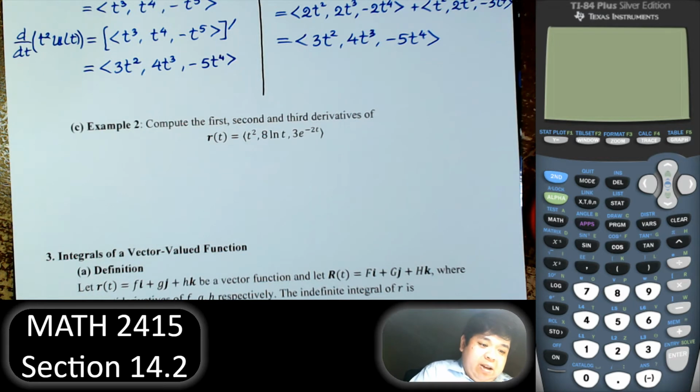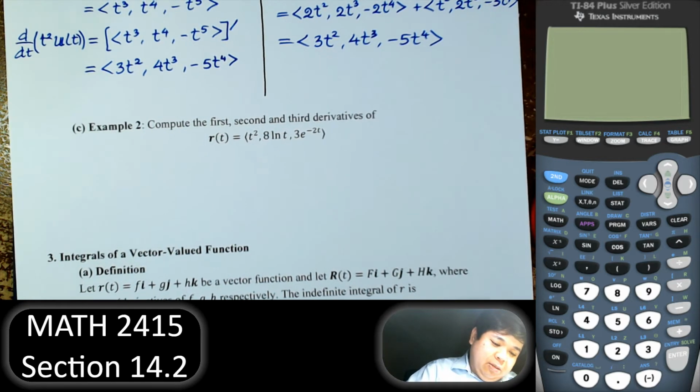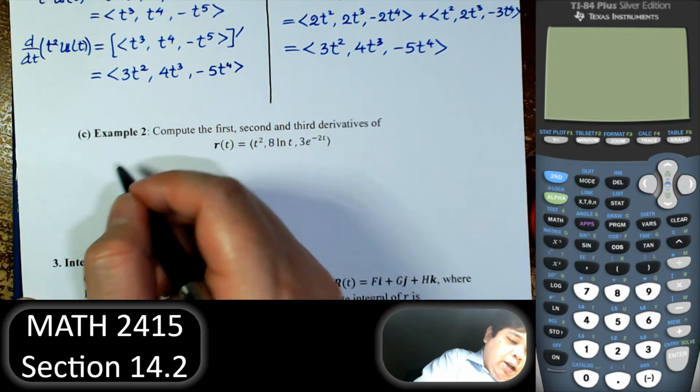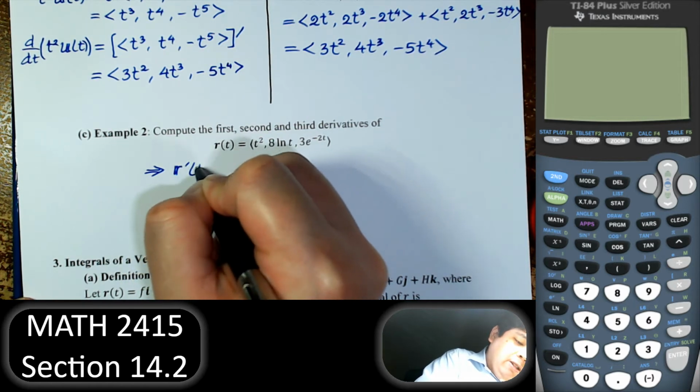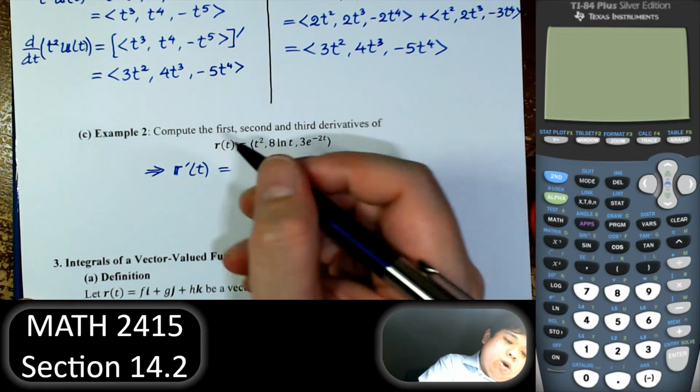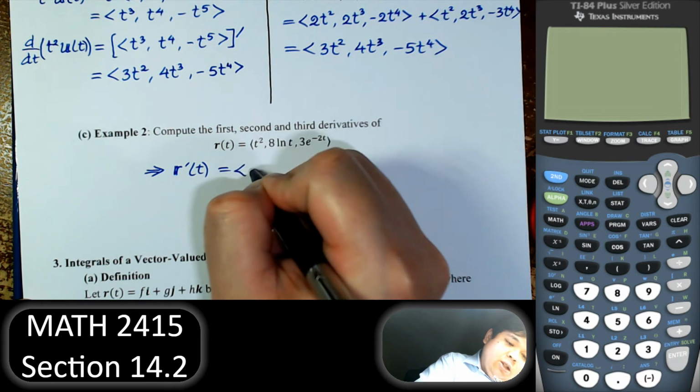Now we'll take the derivative of this. Actually, first, second, and third derivative. Right, so the first derivative of t squared is 2t.